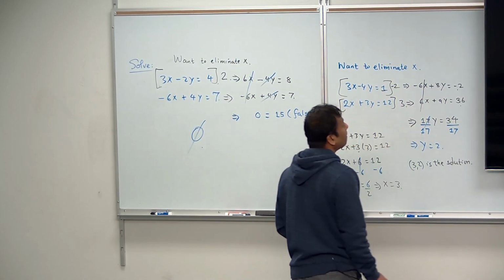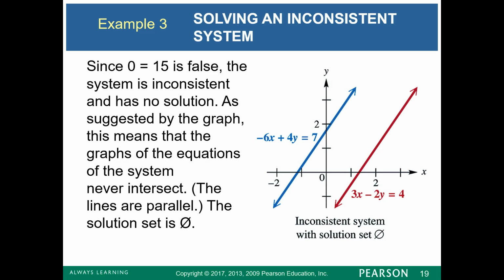And if you draw the graph, you will get parallel lines. See that? This is the inconsistent system with no solution. It does not have a solution. This is an inconsistent system.